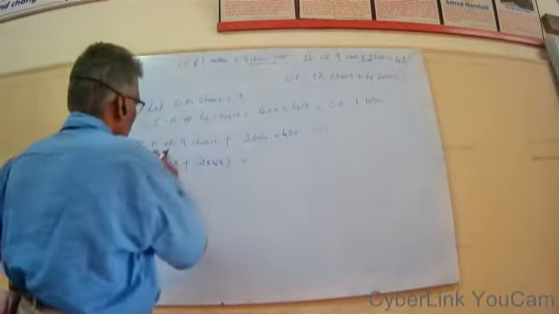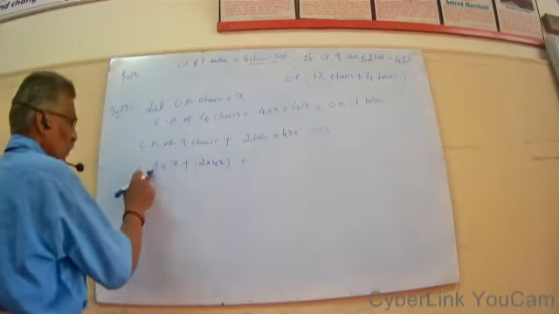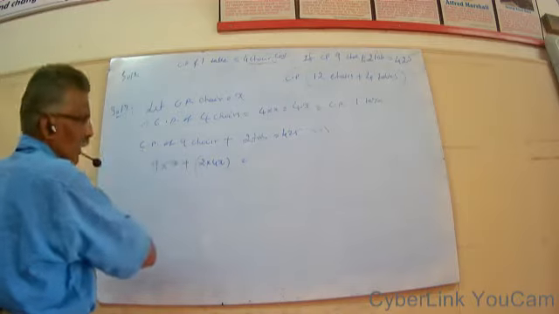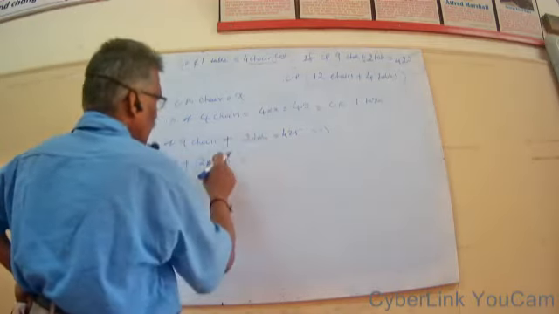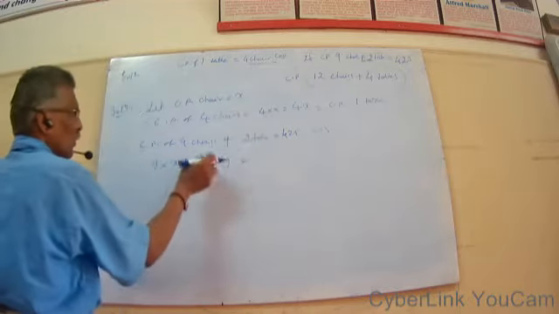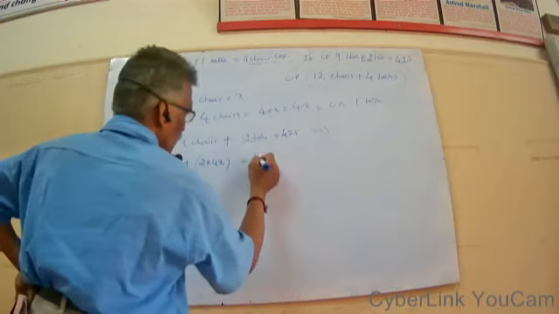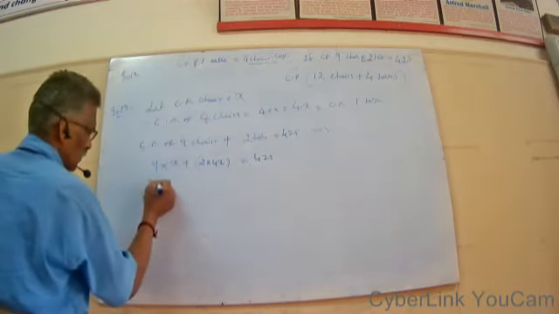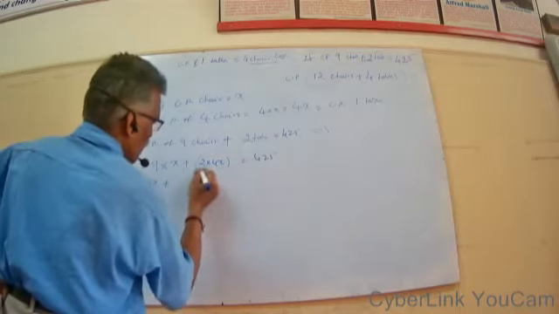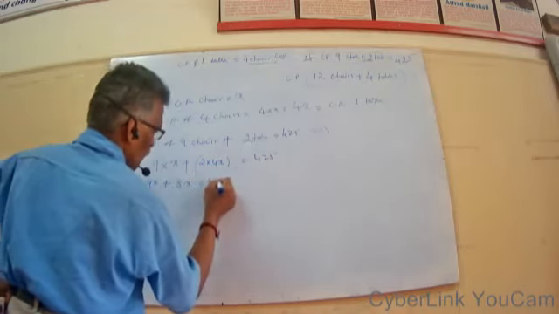Cost price of 1 chair is x. So for the 9 chairs the cost would be 9x, and the cost of 1 table equal to 4x. So 4x into 2, this equal to 425. Just simplify, that is all. So 9x plus 8x equal to 425.